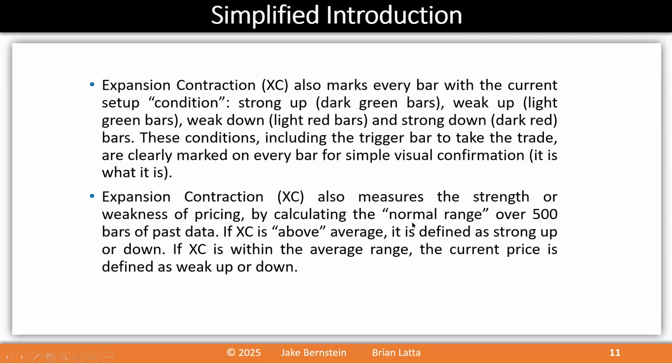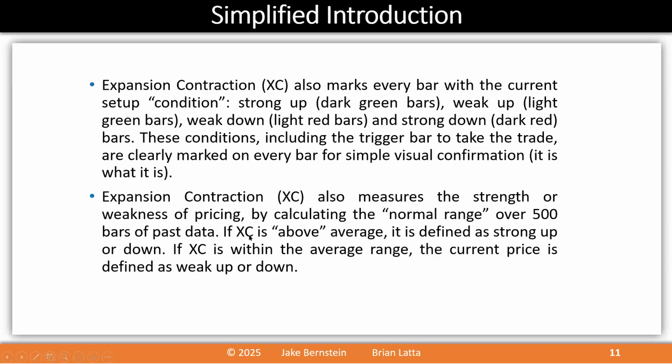Now, standard deviation is a mathematical term, and I want to keep this really simple. If we just know what the normal range is, we can identify if we're above normal, below normal, or just trading normal. It does require a lot of data in order to do that, but it will show horizontal levels of expansion contraction where it's weak or strong.